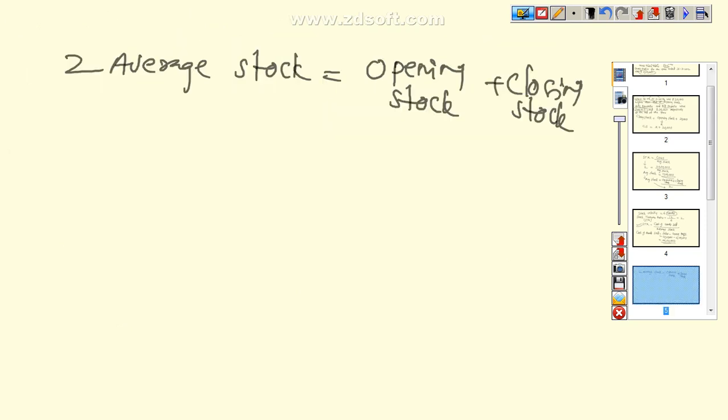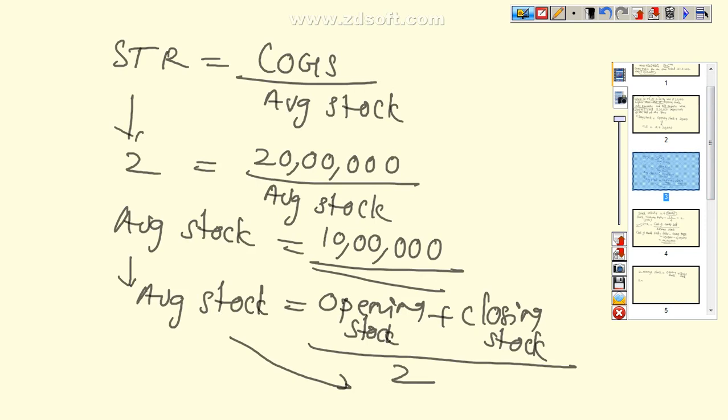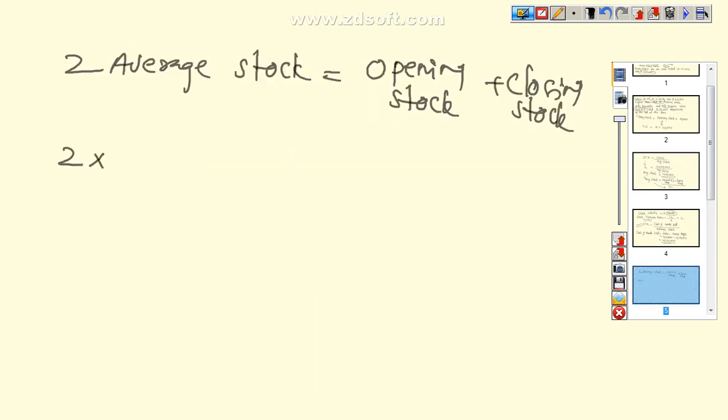Now 2 average stock is equal to opening stock plus closing stock. So we can write 2 multiplied by the value of average stock, which we have already calculated, that is 10 lakh, is equal to X plus X plus 20,000.